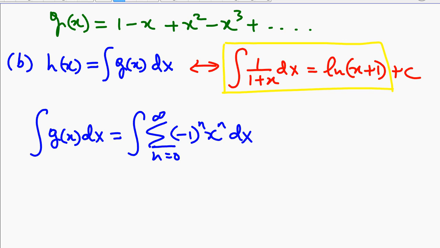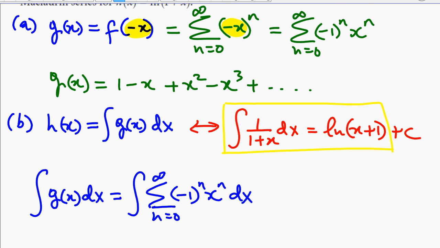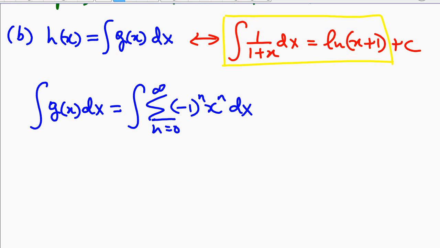Basically, we know the series that represents g of x up there, so I've just taken that series and I'm going to integrate it with respect to x.